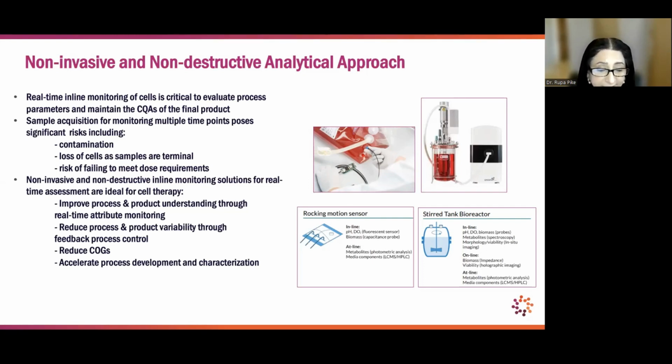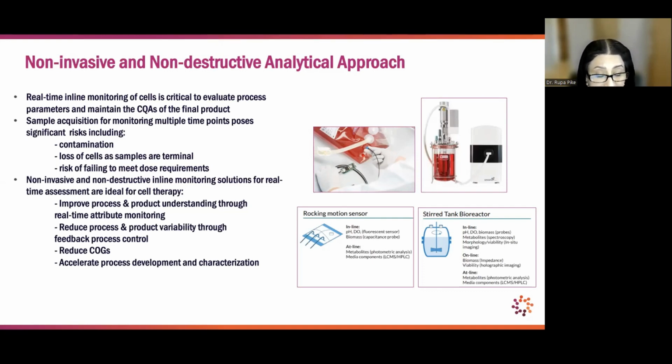So their data has shown that non-invasive, non-destructive technology can provide real-time monitoring of attributes, help with interface of bioreactor and cell therapy processing equipment seamlessly, interface directly with controlled automation for physical and digital connectivity, and utilize pre-sterilized single-use products to avoid contamination.